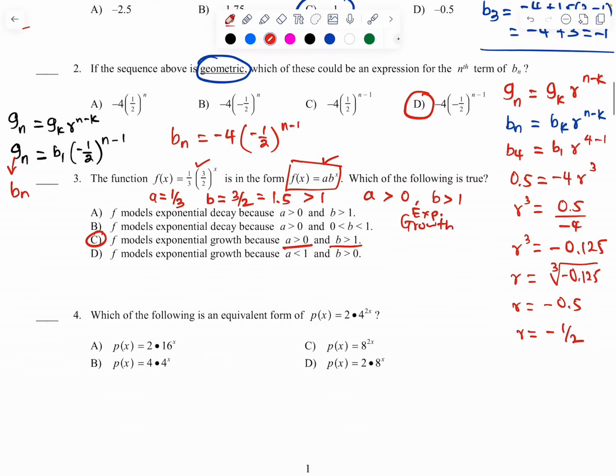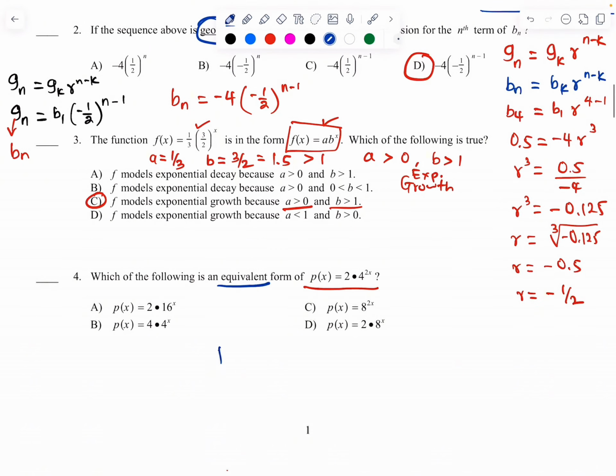For question 4, you have that form of exponential function, and then they are asking us for the equivalent of that. So the first thing I want you to do, let's rewrite that function. If I rewrite that function, I have this. And then in that case, all I am going to do is to simplify. So how can I simplify this?